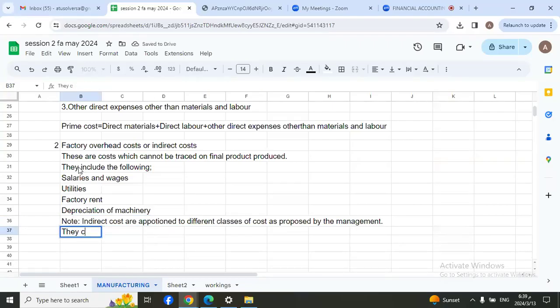They can be apportioned using ratios, percentages, or fractions.